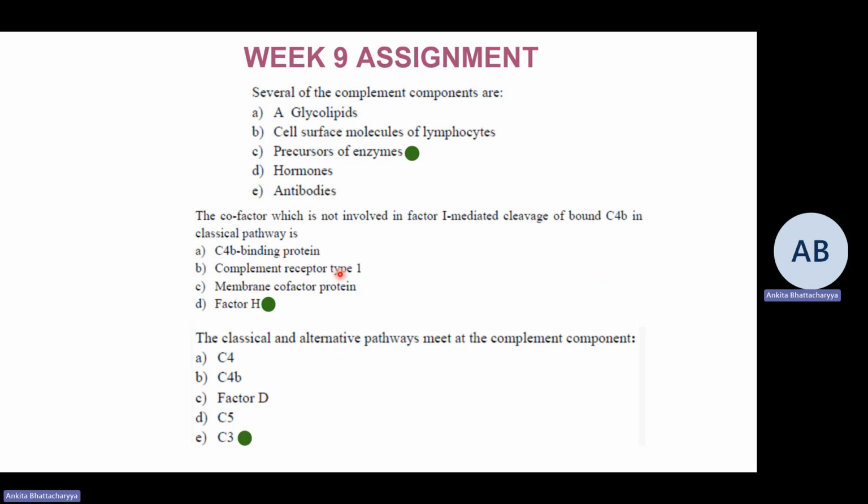So as a result, the correct option in this case would be the precursors of enzymes, or pre-enzymes, which are able to function in this manner, and therefore they are the key complement components. Option C in that case would be correct.